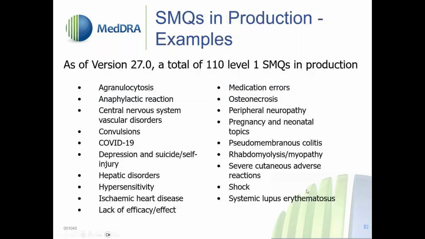So as of version 27.0 and same for 27.1, a total of 110 level 1 SMQs are in production, and we will see later on what this level 1 means.